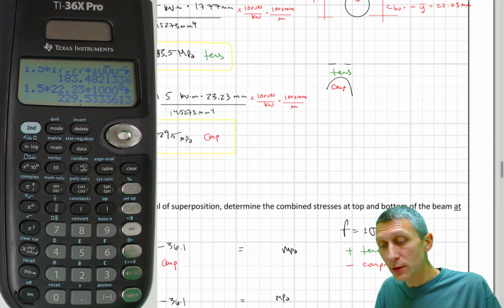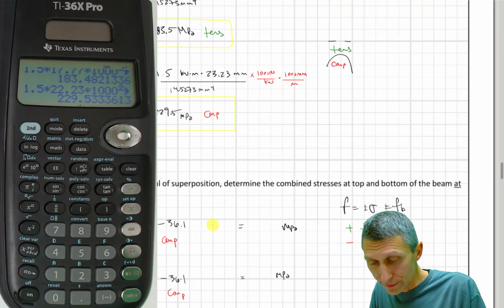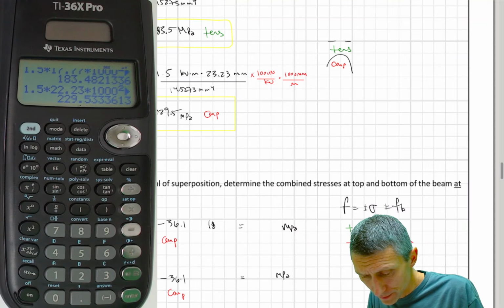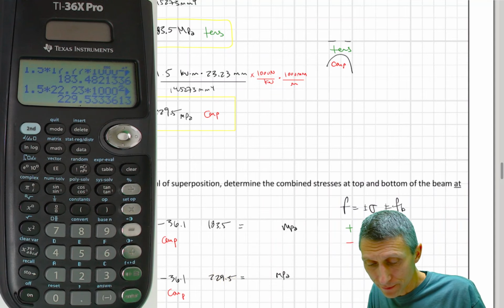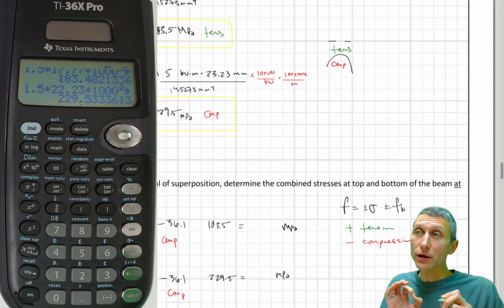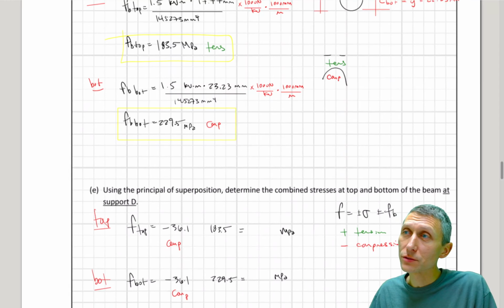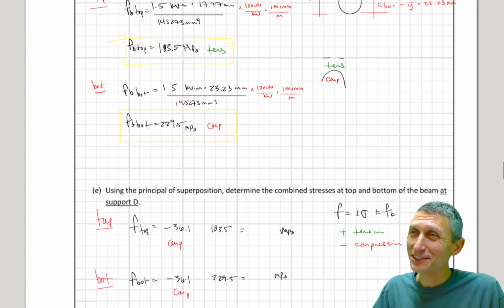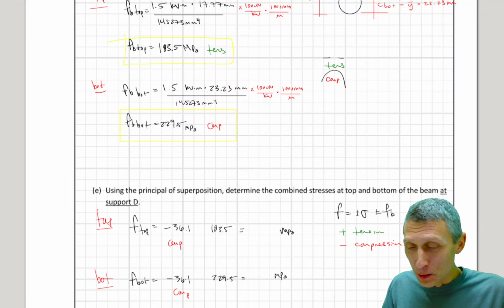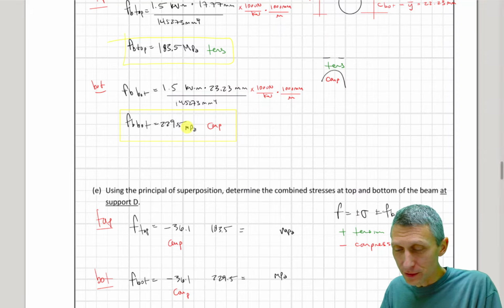Okay, and then I'm going to bring those values down here. I'm going to say 183.5, and I'm going to say 229.5. Right, and these are good values. Let me turn the calculator off for a second. Right, so we have the 183.5, the 229.5.